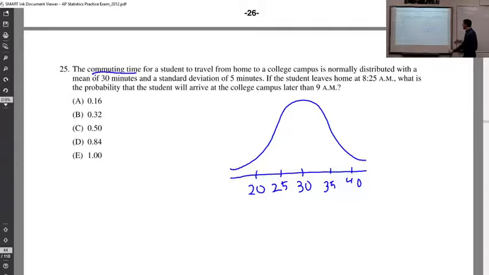And if we leave at 8:25, we're hoping to get there at 9 a.m. That's a total of 35 minutes. And we're finding the probability that they arrive later than that, so that it takes longer than 35 minutes to get there. You can calculate the z-score. You can use normal CDF. Again, the 35 or the z-score for that would be my lower bound on the normal distribution. And I should get A.